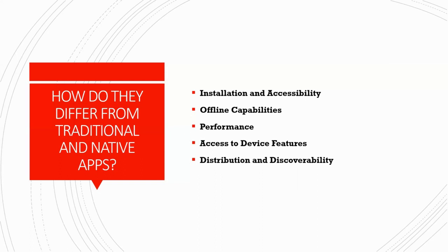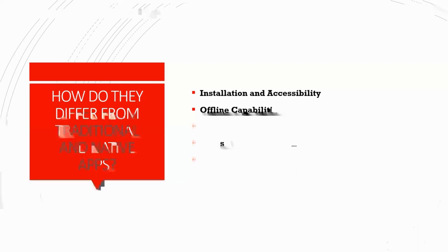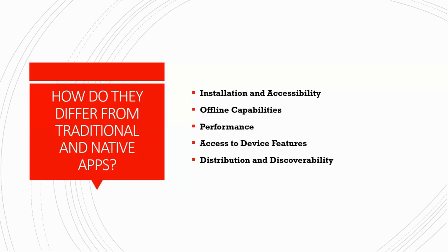Then there's access to device features. If your application only lives in the browser, then there's limited access to your device's hardware. You might have noticed that some websites ask for access to your microphone or some type of sensor on your system.